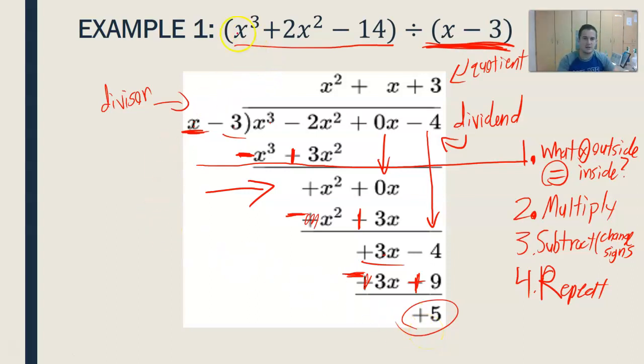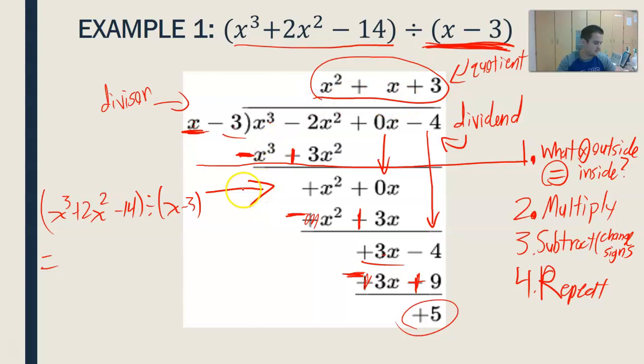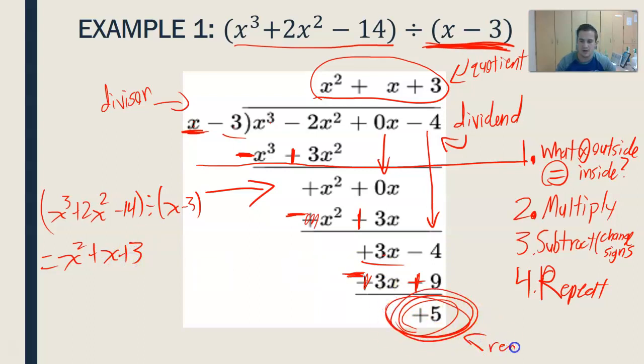So my answer here: x cubed plus 2x squared minus 14 divided by x minus 3 is equal to this. This is my quotient, x squared plus x plus 3. And this number that I have left is my remainder.